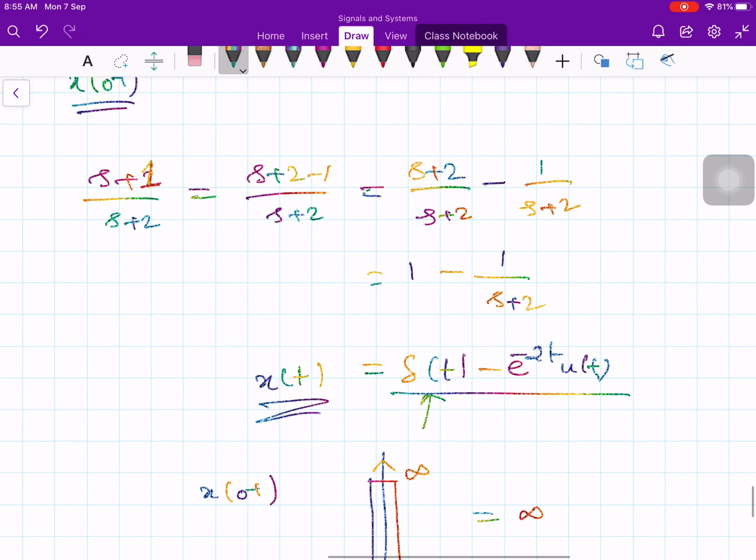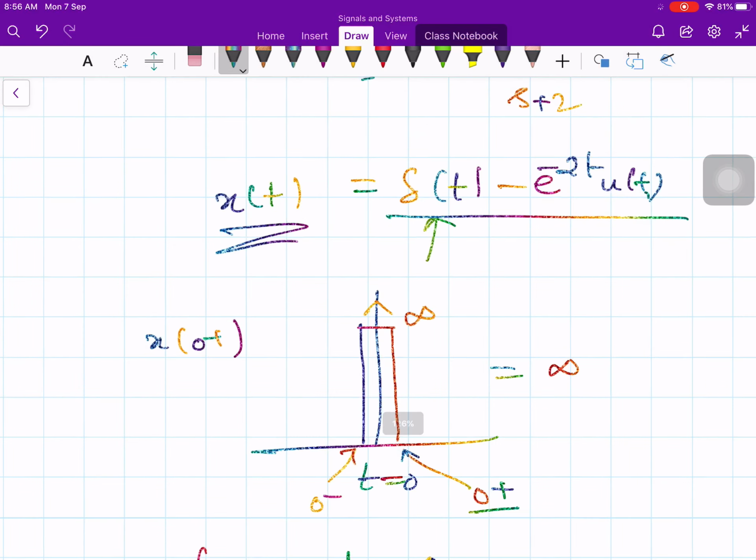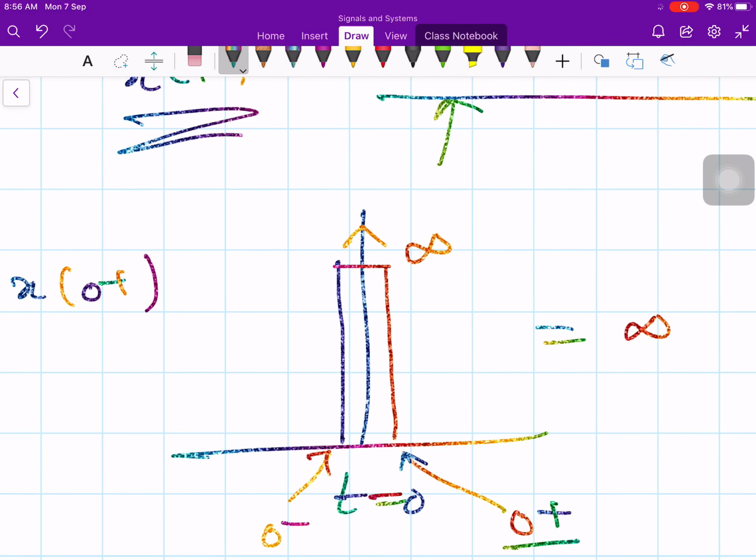If you enlarge, del of t is sitting like this. This point is 0, this point is 0 minus, and this point is 0 plus. At exactly 0 plus, what is the magnitude? The magnitude is infinity. So whenever you have an impulse sitting at the origin, you cannot use the initial value theorem. That's it.